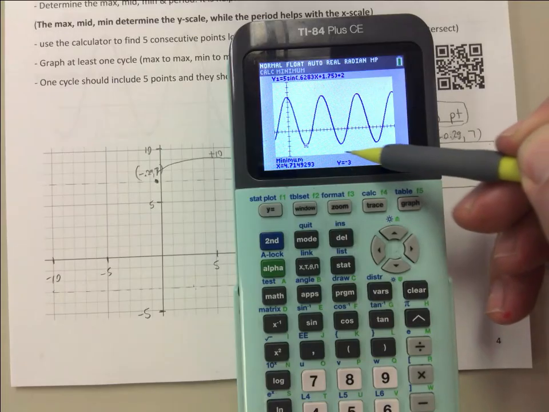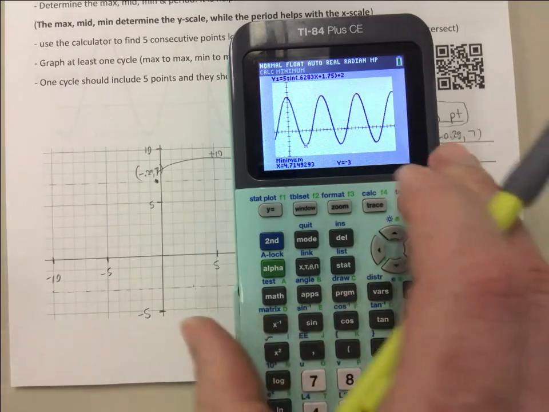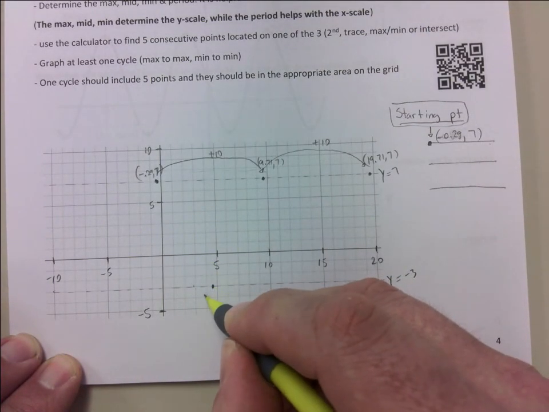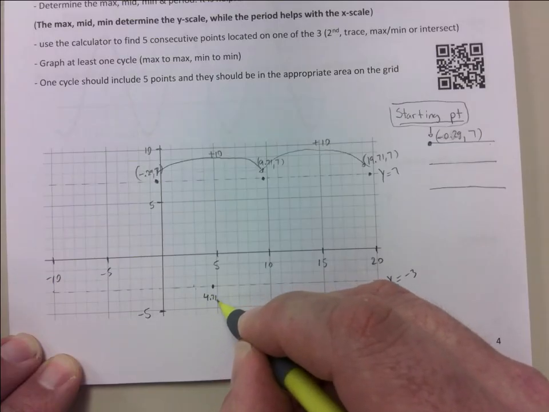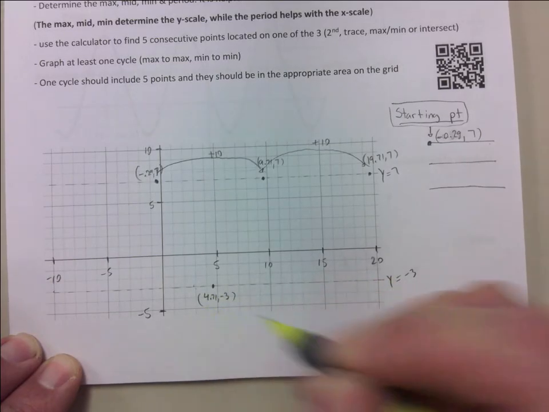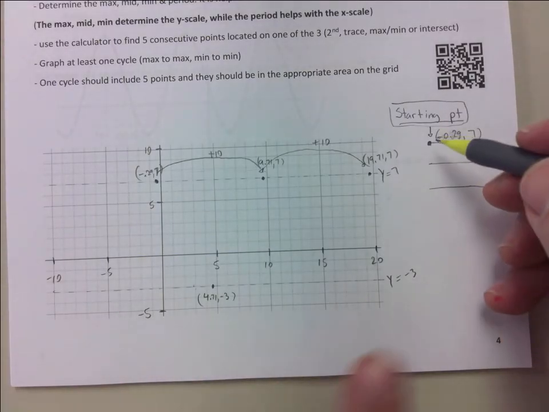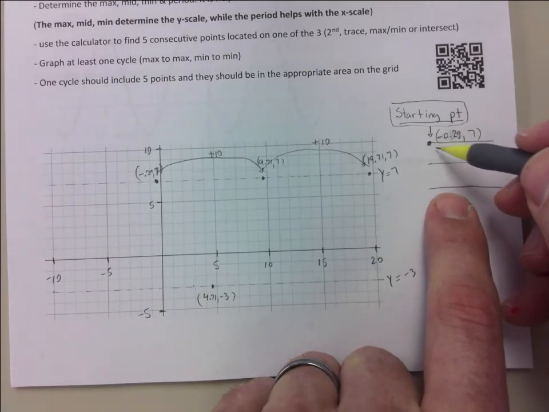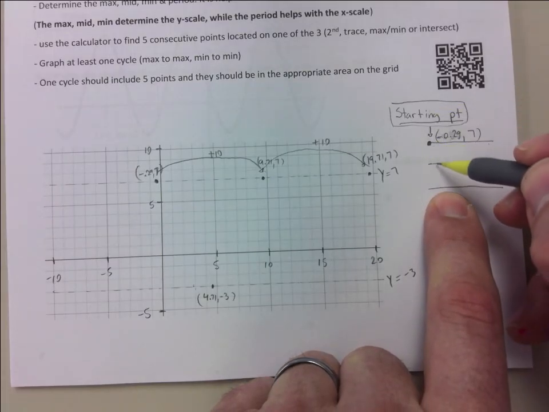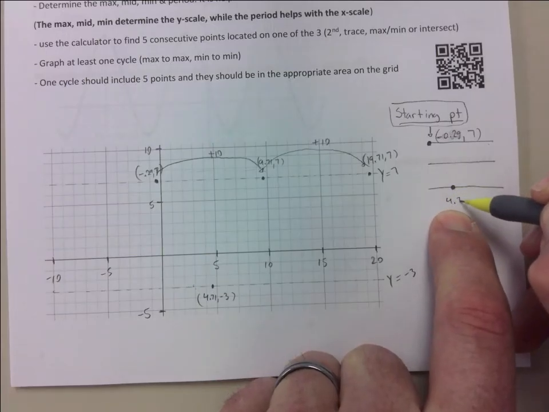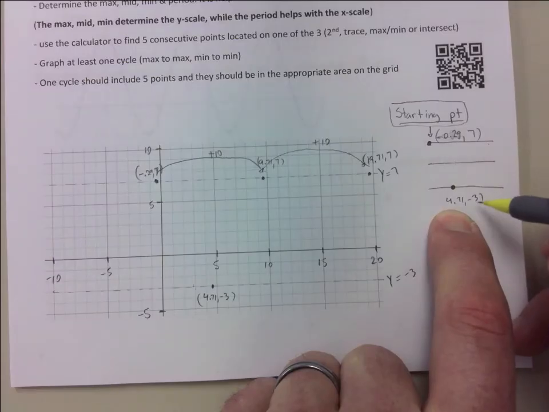No surprise it's on the negative 3, right? 4.71 is right here. So go up here on the side here. I'm just going to show you that this one right here is 4.71, negative 3. Okay.